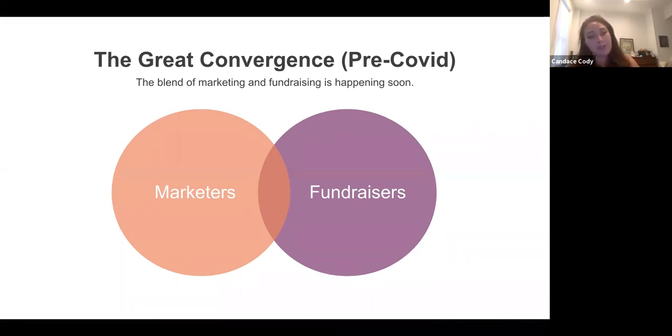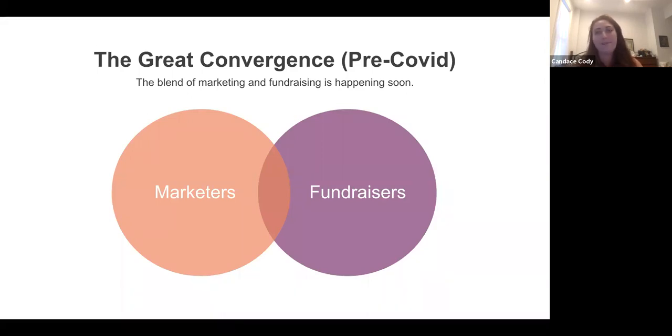With that shift, there's always been this overlap between marketing and fundraising, but it's been slowly coming together and becoming the same kind of role.